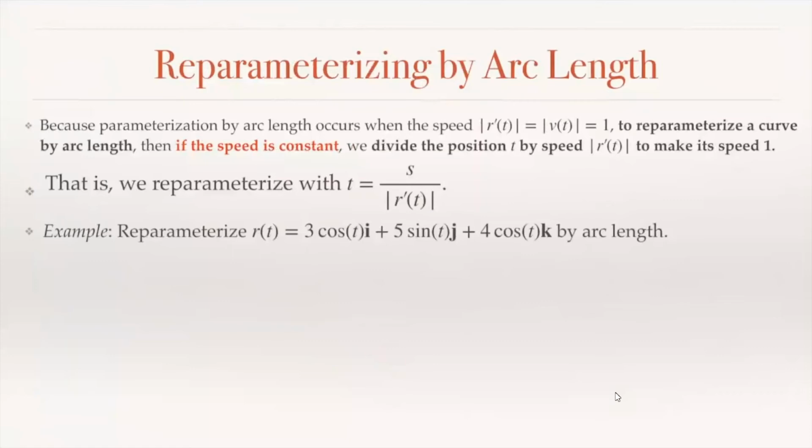So to do this, we first need to find the speed. So let's reparameterize this curve by arc length. First need to find the speed of this. That's the magnitude of the change in position over change in time.